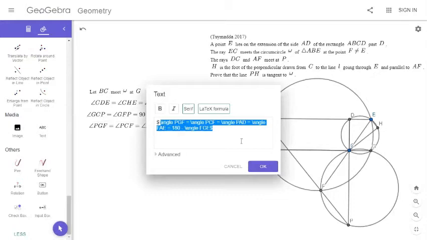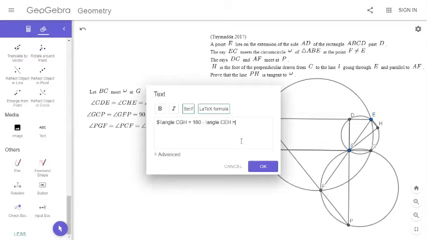So we have angle CGH is... okay, I think I got it. 180 minus angle, that was my problem.